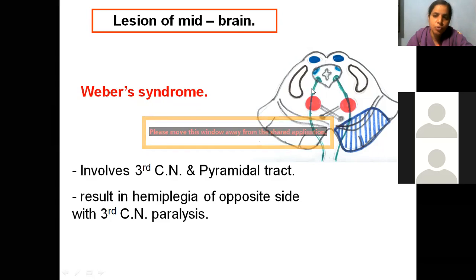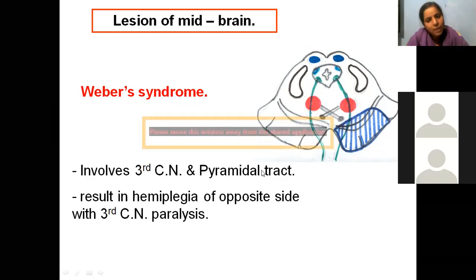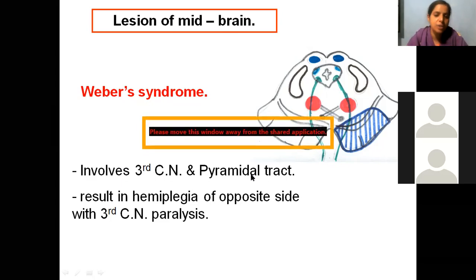The cranial nerve which is coming out here is the oculomotor. So which cranial nerve is damaged here? The oculomotor nerve. Not only that, the pyramidal tract, one of the motor tracts we studied in physiology, is also damaged. Because of which the person will suffer hemiplegia of the opposite half of the body, because the pyramidal tracts cross over.